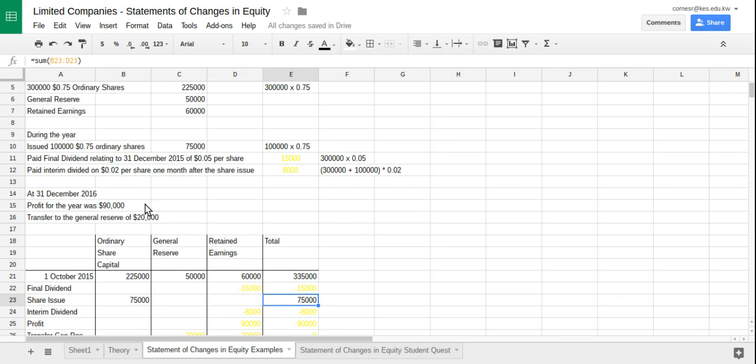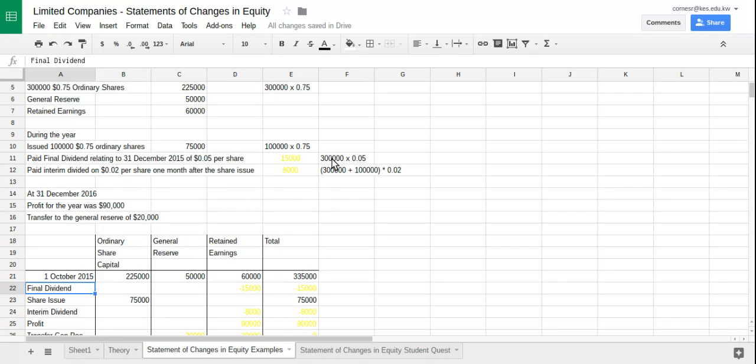Okay, and we'd remember to put that across in the right hand side. Okay, they also paid the final dividend in relation to the previous financial year, and I've deliberately put this above, okay, because that dividend only belongs to the 300,000 shares that were originally issued.